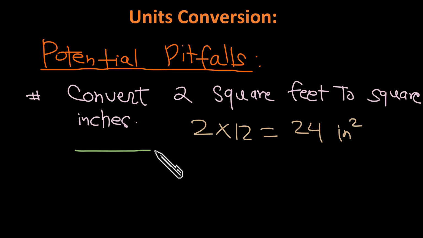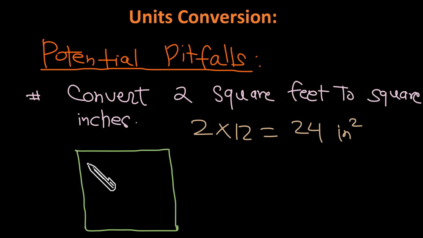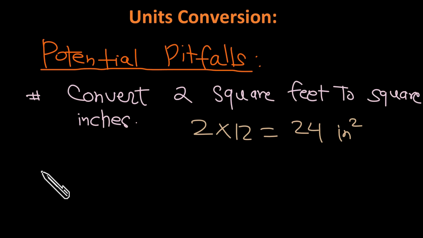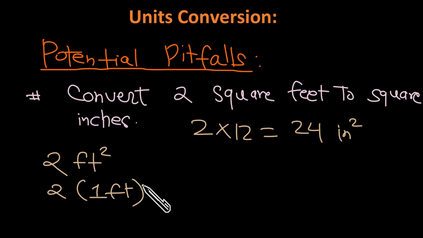Now, while 1 foot is equal to 12 inches, 1 square foot is 12 square inches in each direction. Sorry for the bad drawing, but as you can see, you can fit 12 times 12 equals 144 square inches inside 1 square foot. Mathematically speaking, if you have 2 square feet, this is equivalent to 2 times the square of 1 foot, right?